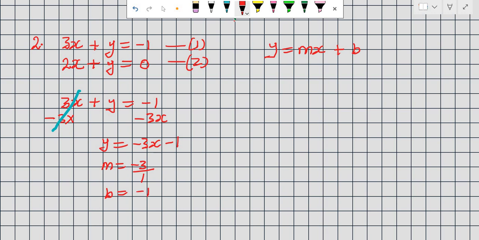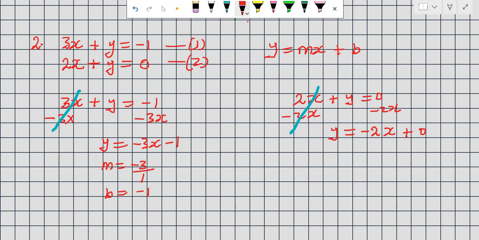Let's also change the second equation to the slope-intercept form. We have 2x plus y equal to 0. So now let's subtract 2x from both sides. 2x minus 2x is going to cancel out, and now we have y is equal to -2x plus 0, which means that it starts from the origin.